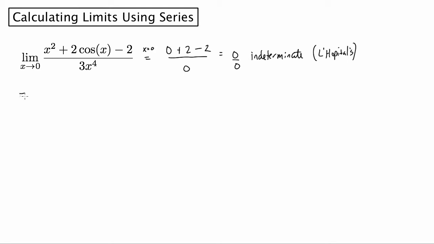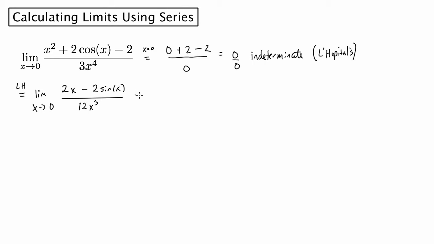If you tried to do L'Hopital's rule here, this would be the limit as x goes to 0. If you take the derivative of the top, you would get 2x. The derivative of cosine is minus sine, so this would be minus 2 sine x, over 12x cubed at that point.